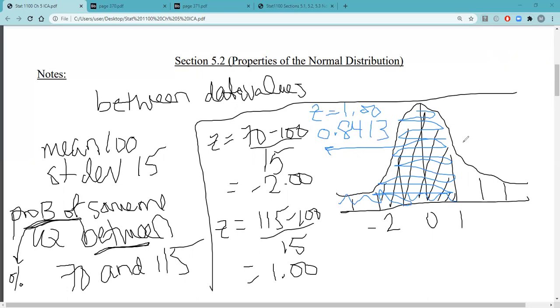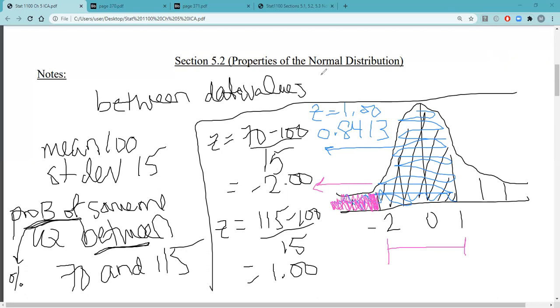So that's saying 84% of the data lies to the left of z is equal to 1. Well, now, if I look up what lies to the left here, I can subtract that off, right? And I'm going to be left with just what's in between. So I have the whole part to the left minus to the left of -2.